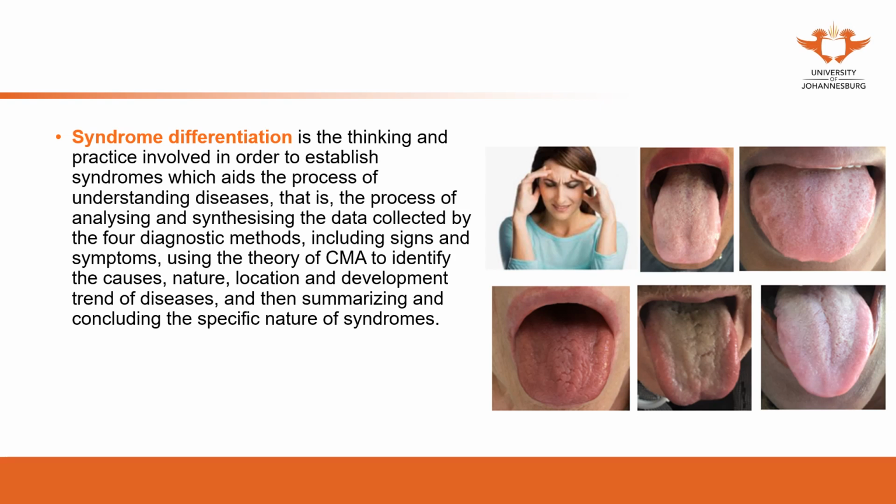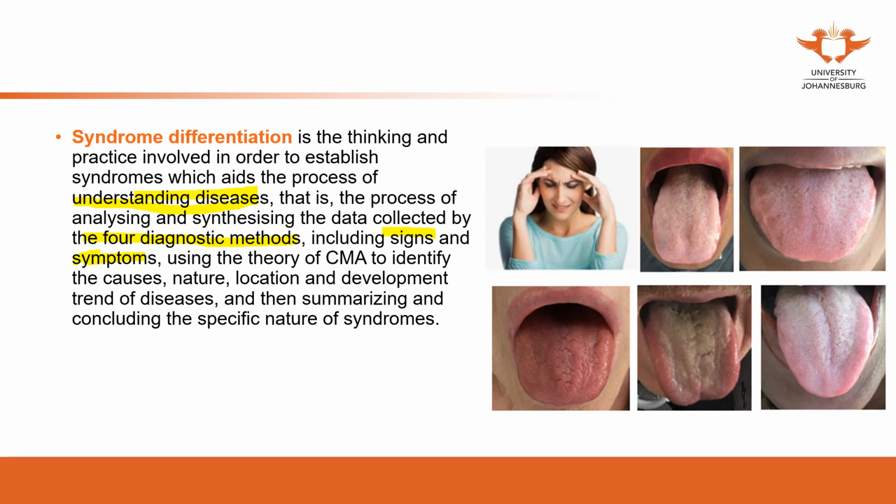What we want to do is to understand the diseases. We want to understand what's wrong with the patient and how we use the four diagnostic methods to find the signs and symptoms. So the purpose is to understand the diseases. How to do so is to use the four diagnostic methods to find the signs and symptoms.